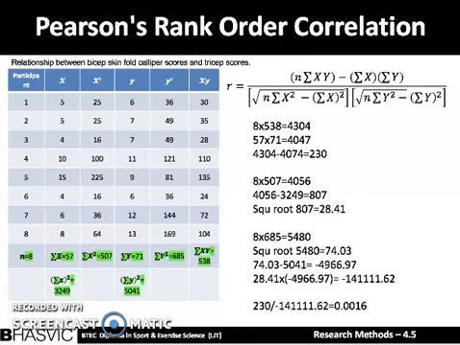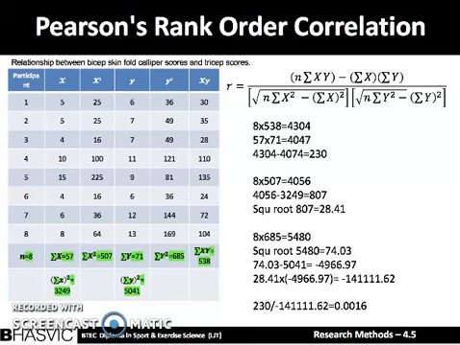Now moving on to the second half of that bottom bit of the equation, so you're going to do 8 times 685, 8 being N, and 685 being the sum of Y squared. And then you're going to square root that, because obviously there's that square root sign over the top of that. The square root of 5,480 is 74.03.